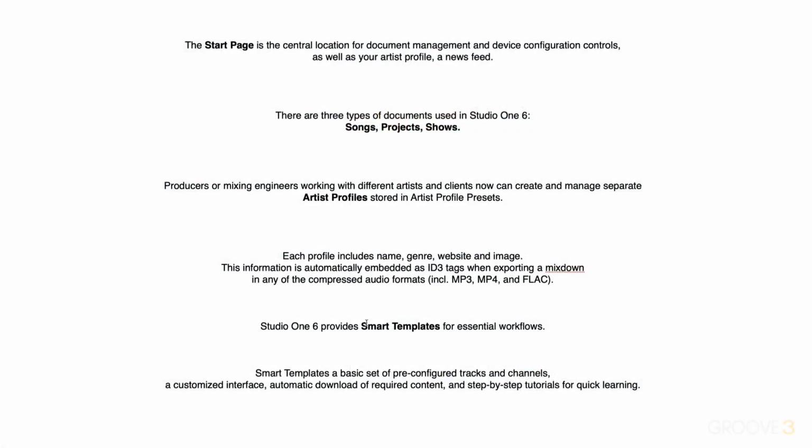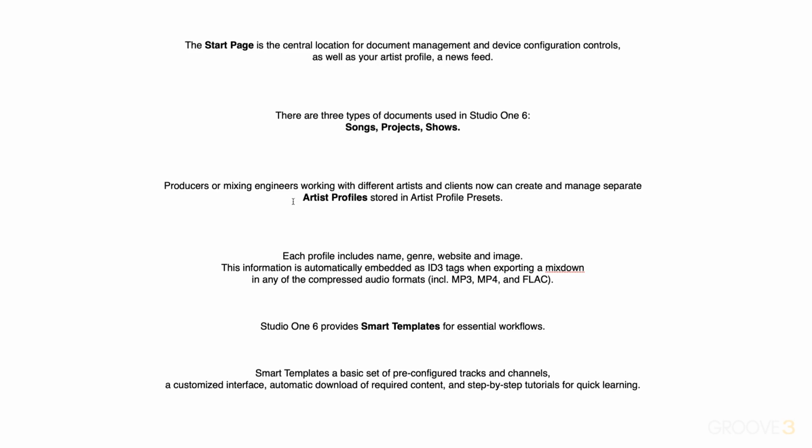The start page is the central location that opens by default, where we manage our documents, configure our devices, set up our artist profile, and also get access to a news feed. And there are three main types of documents we work with in Studio One 6: songs for creating and editing music, projects for mastering, and shows for live performance.